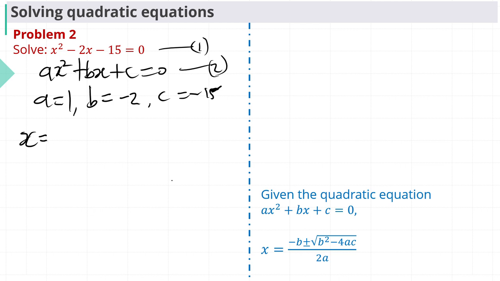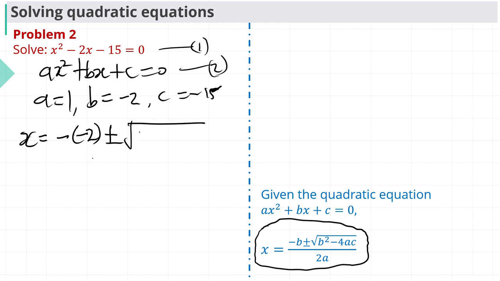Now we make use of the quadratic formula to solve. We substitute the values for b, a, and c. So we have minus b plus or minus the square root of b squared minus 4ac.